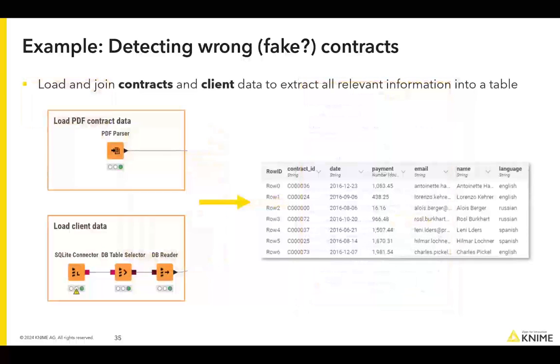And we'll try to find the contracts that are significantly different from majority of contracts with respect to the value of the contract. So we'll have the data from two different sources, from PDF contracts and also from a database. And to detect fraud and then to also use all the information about these contracts in the GenAI application, we will want to combine these two tables to have as much data as possible about the contracts in one single table.